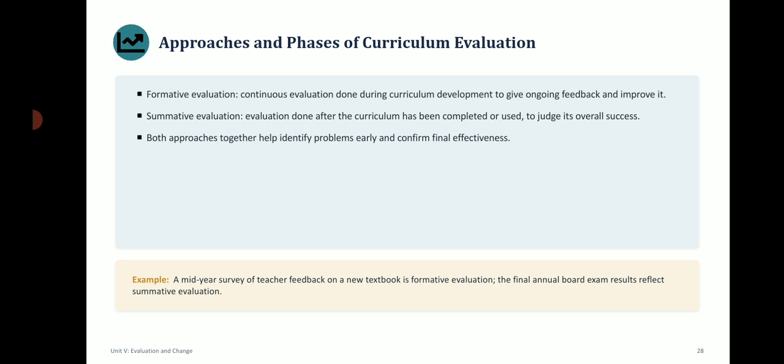Scientific is the oldest one, and bureaucratic is usually initiated by the government or the Ministry of Education. So the Ministry of Education could evaluate a course of study or subject taught in school to find out whether it needs improvement or modification. That is bureaucratic evaluation. Autocratic focuses on the educational need of the curriculum. Again, the government or ministry usually asks independent evaluators such as consultants to conduct this evaluation.